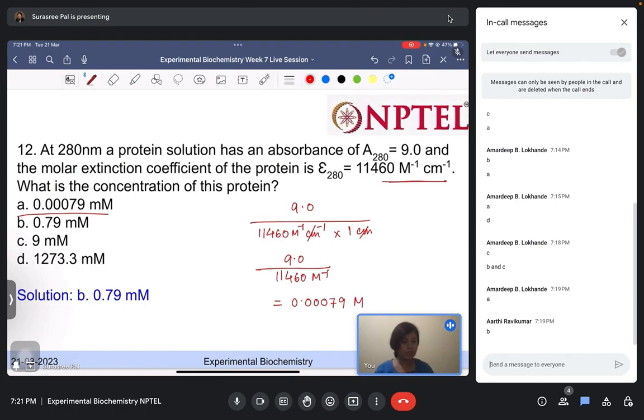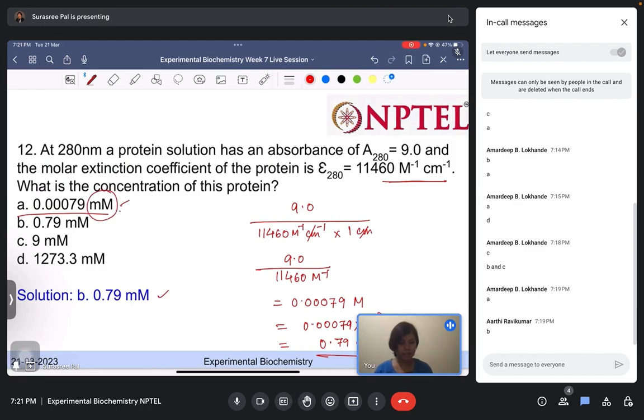So that will actually be equal to 0.00079 into 10 to the power 3 millimoles, which will be equal to 0.79 millimolar. So that is why this is the correct answer, not this one.